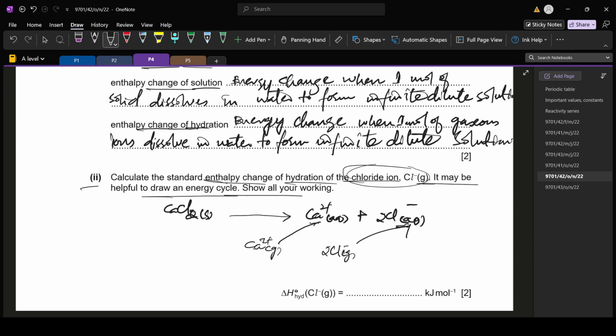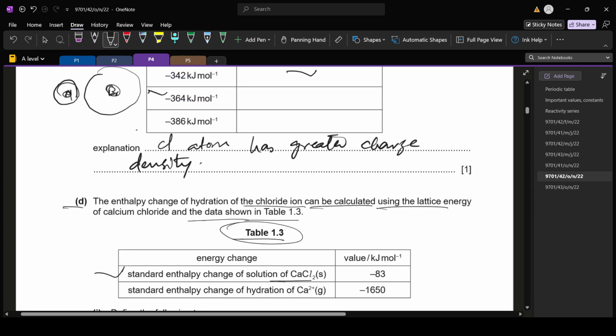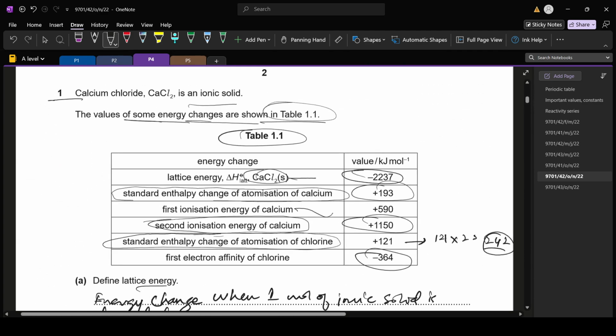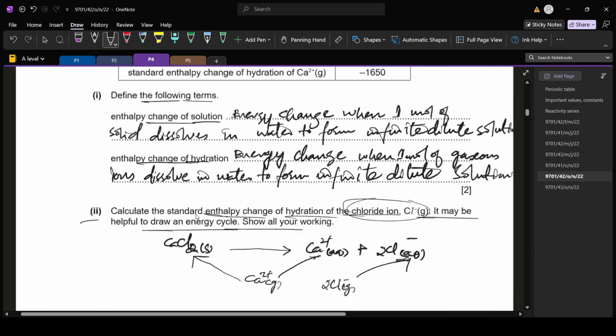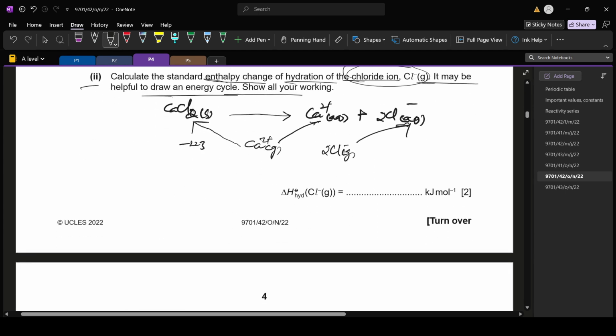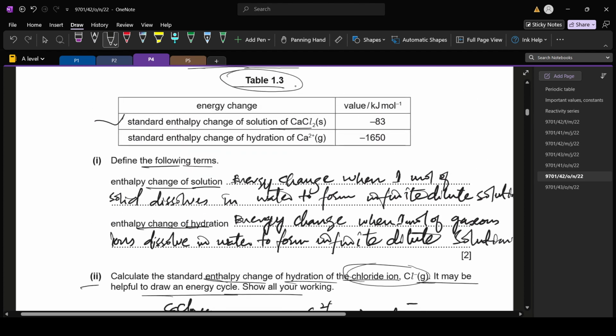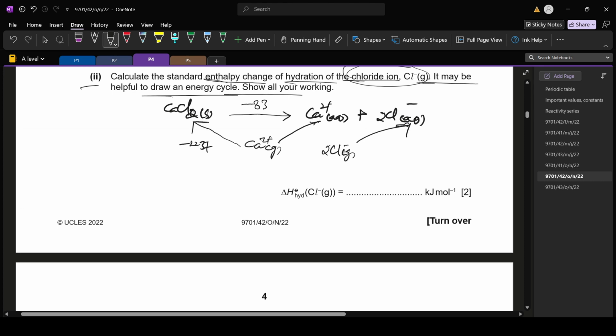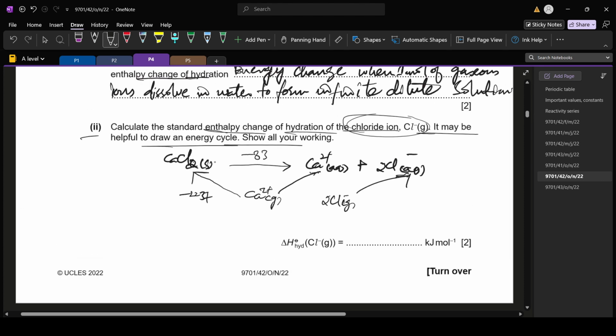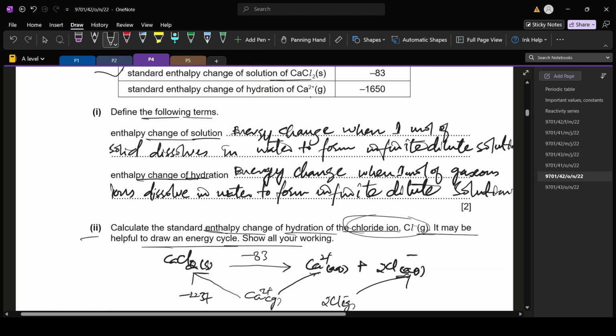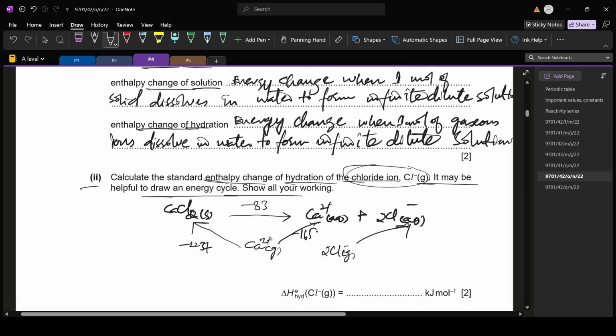Okay, and you know that when 1 mole of ionic solid is formed from its gaseous ions, it is the lattice enthalpy, and you are given the lattice energy in the table, which is negative 2237 for calcium chloride, and the enthalpy change of solution is negative 83, and you are also given the standard enthalpy of hydration of calcium ions, which is negative 1650.